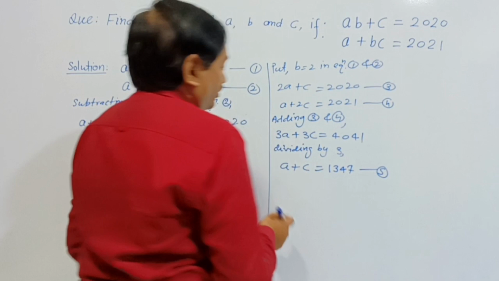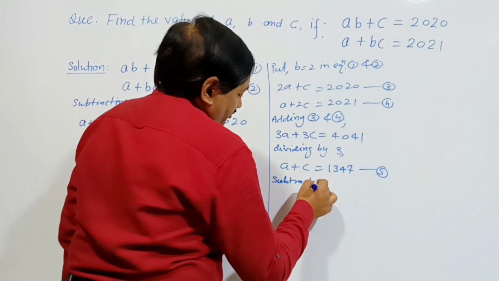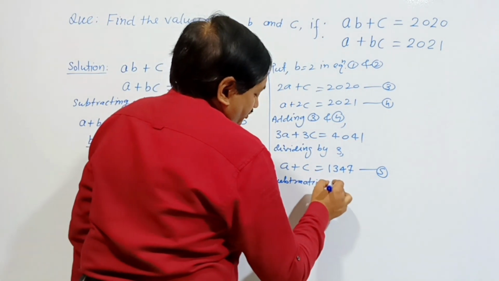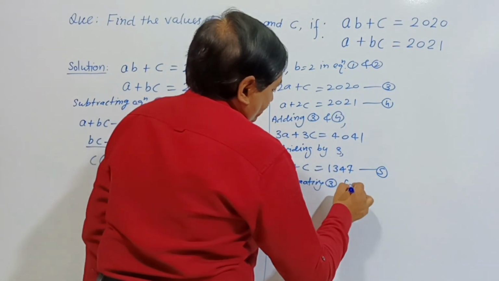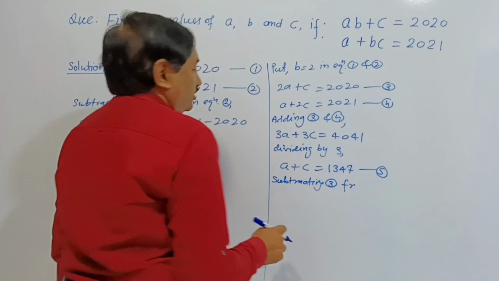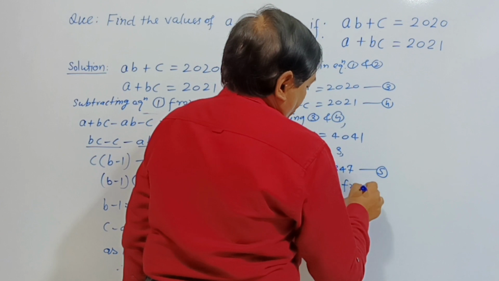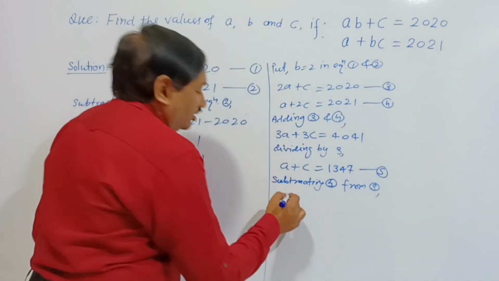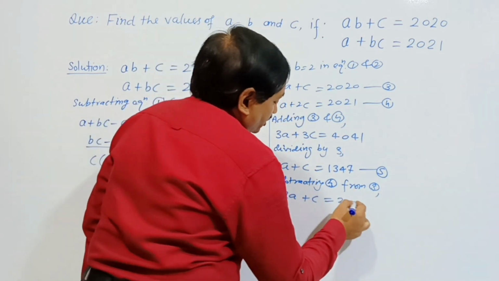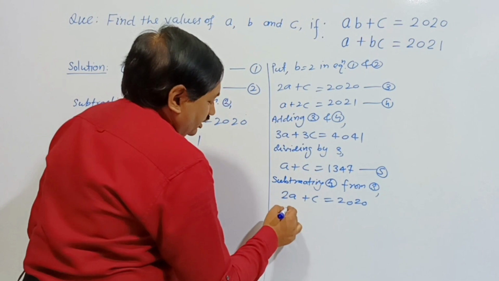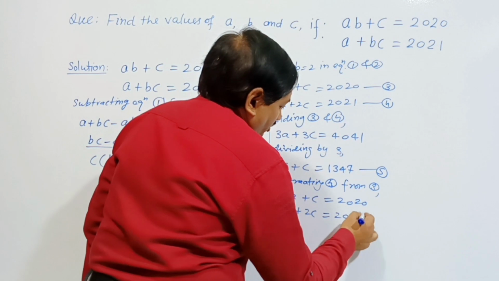Now subtracting 4 from 3. We get 2A plus C equal to 2020, and A plus 2C equal to 2021.